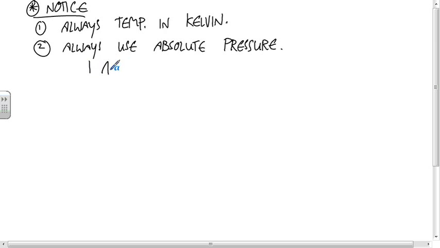One atmosphere of pressure, the atmospheric pressure, is equal to 1.01 times 10 to the 5th pascals.